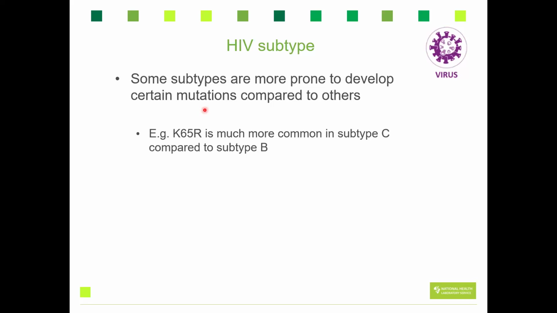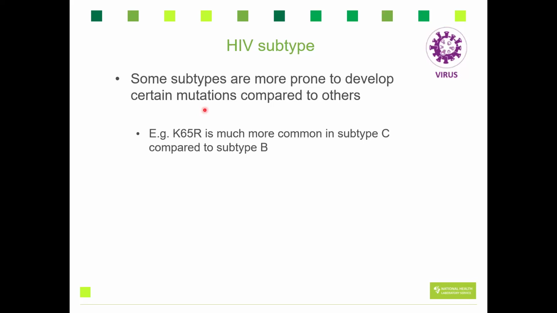And the first thing we see is K65R left, right, and center. I mean, like 60 to 70% of the patients failing TDF at the time would have a K65R. So everybody was like, oh no, tenofovir doesn't work for subtype C. No, that's not the case. If you're taking your treatment well, tenofovir is working just as well for subtype B as subtype C.